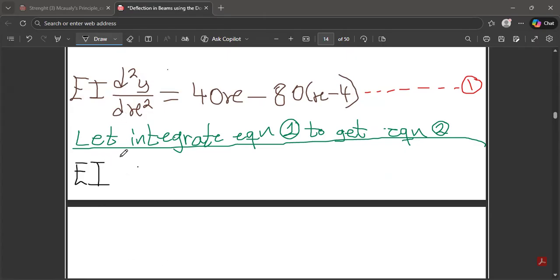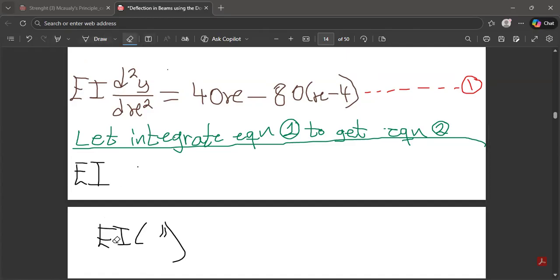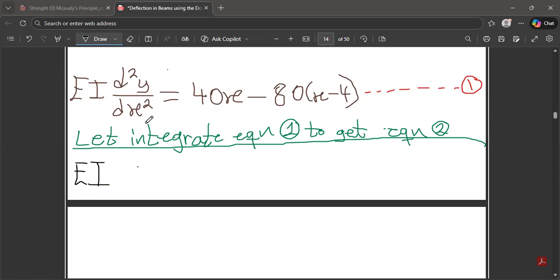So this now becomes, this actually you are seeing over here is the same as EI into bracket y prime. Don't get confused, y prime. Because we really need this deflection for something, so let me still maintain it.